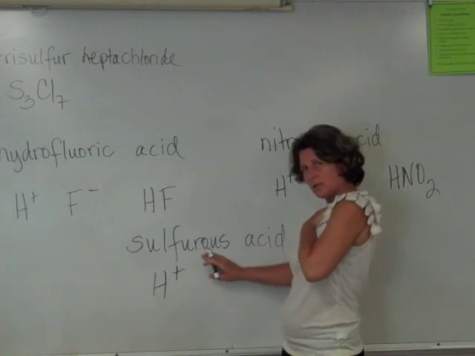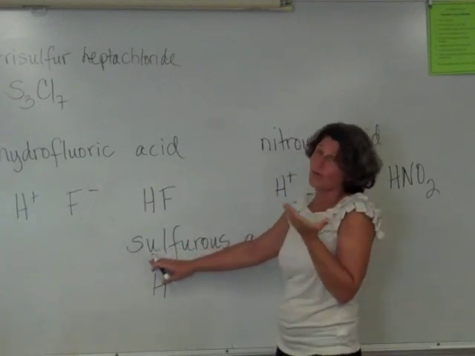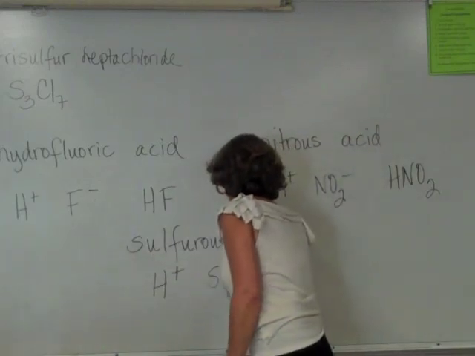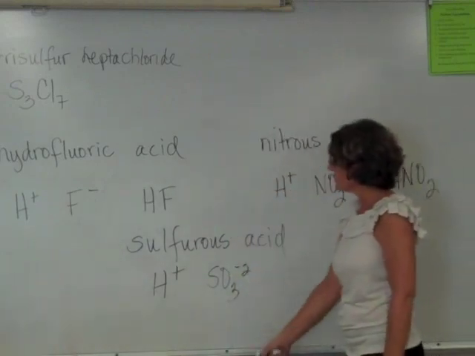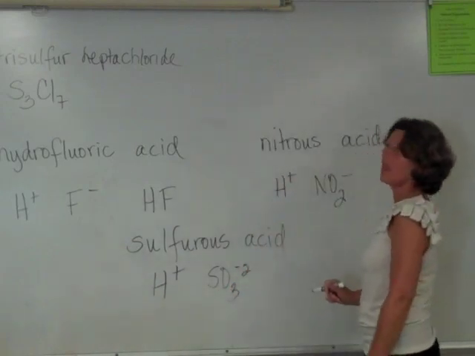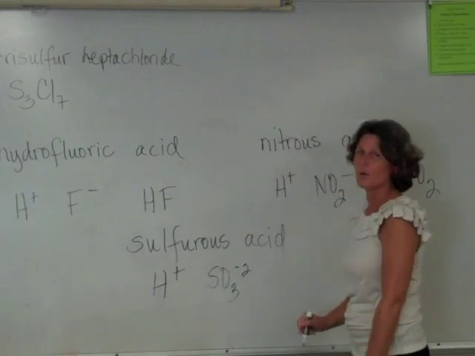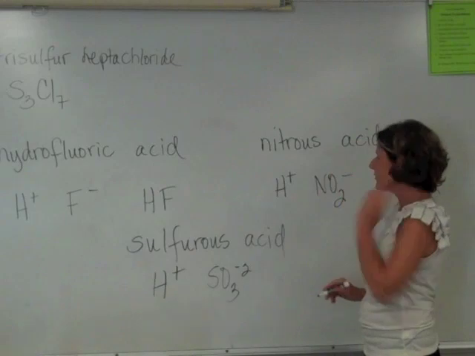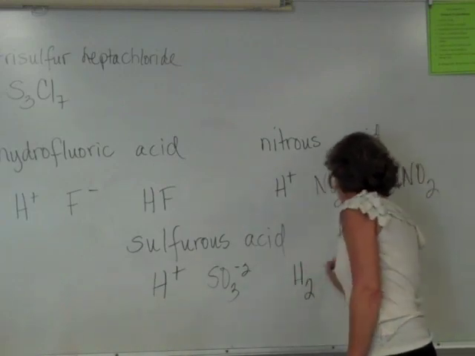So ous becomes ite, and so it's sulfite. SO3, -2. -2, +1. How many hydrogens do I need to balance this -2? You need 2 of them. So this will end up looking like H2SO3.